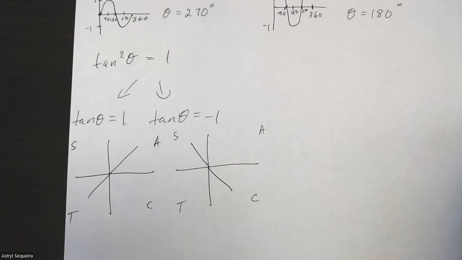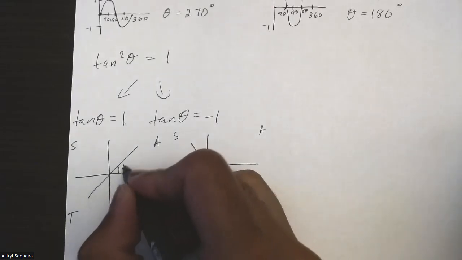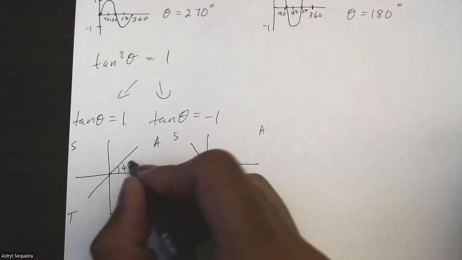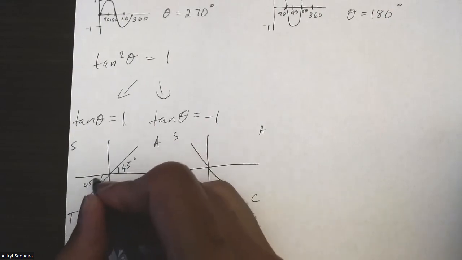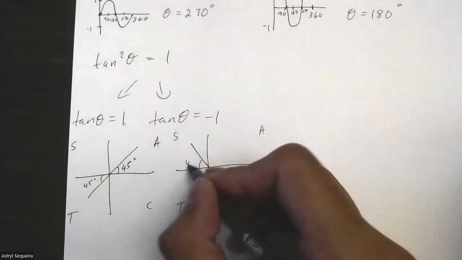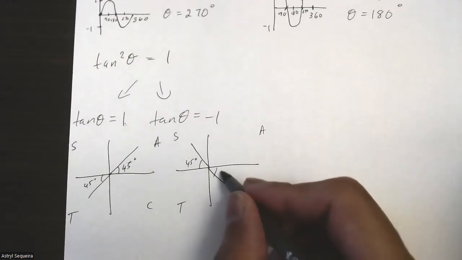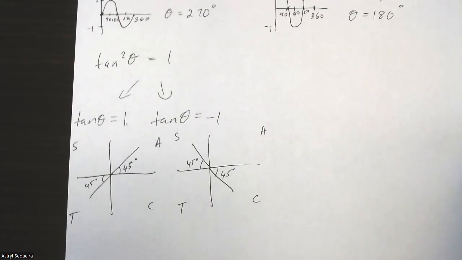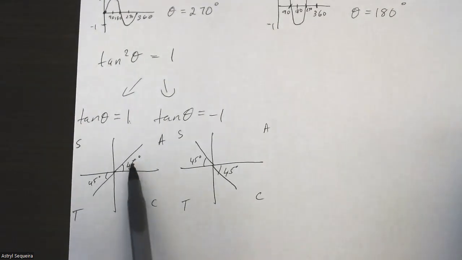You can do it using your special triangles, or you can do it using your calculator. It doesn't matter. And we're going to get all the acute angles to be 45 degrees. They're going to be the same in both because this is a simple question where it's the same value, just a different sign. So they're all going to be 45 degrees.